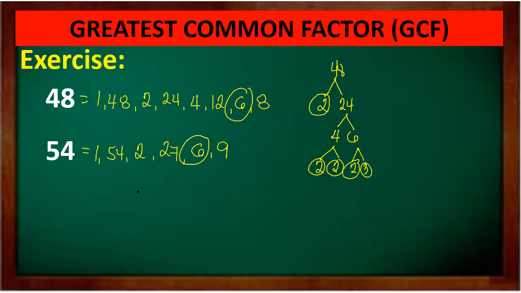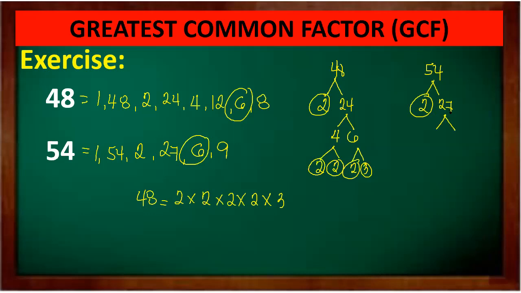Okay, so therefore, the prime factors of 48, ilang 2 meron? 4. 2 times 2 times 2 times 2 times 3. How about the prime factors of 54? 54, you can still start with 2. Okay, 2 times 27. How about 27? What are the factors of 27?